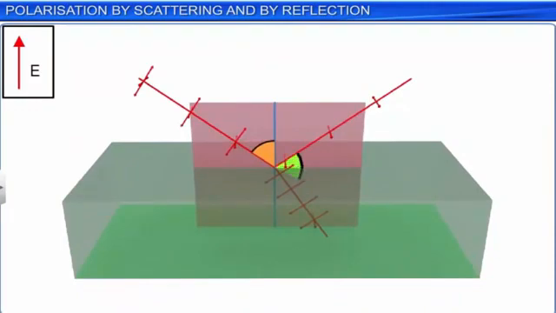This means, at the polarizing angle, the reflected light is completely polarized perpendicular to the plane of incidence, and the refracted light is partially polarized. The intensity of the refracted light is much more than the intensity of the reflected light. At the polarizing angle, it is experimentally found that the reflected and the refracted light are at right angles.